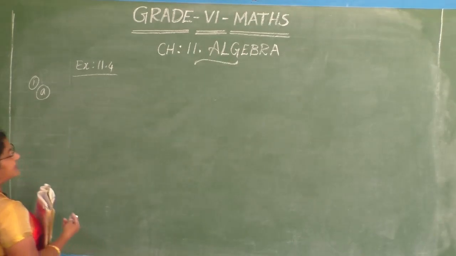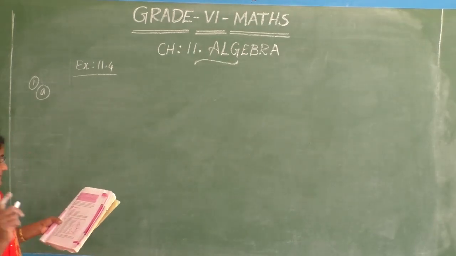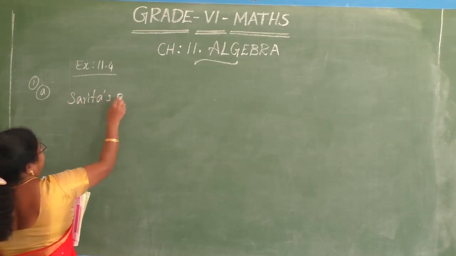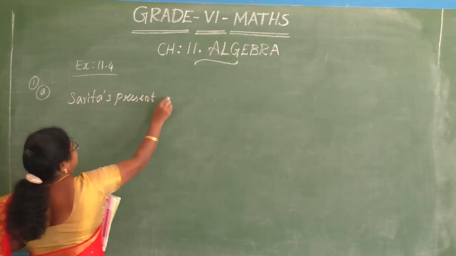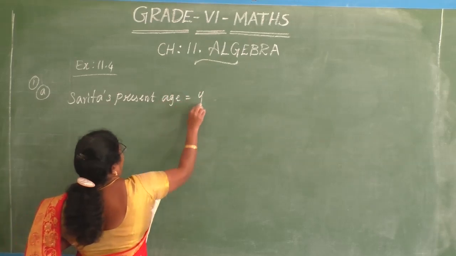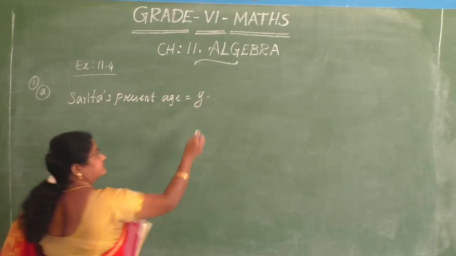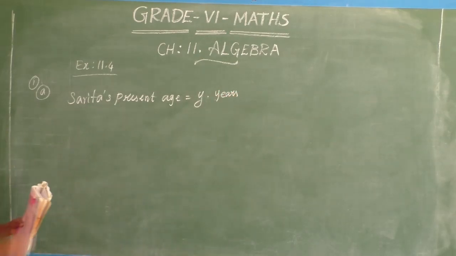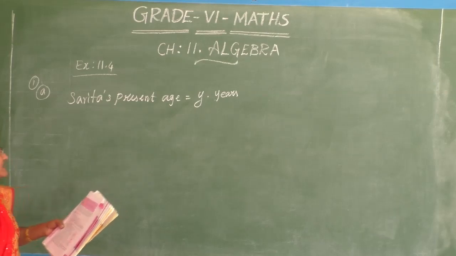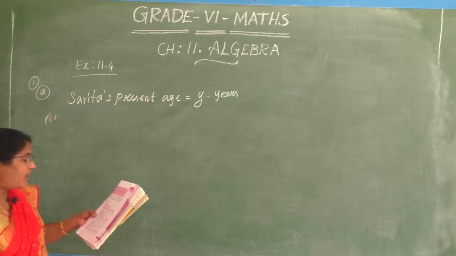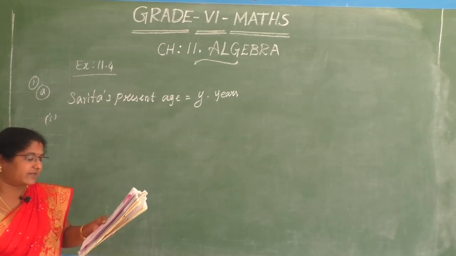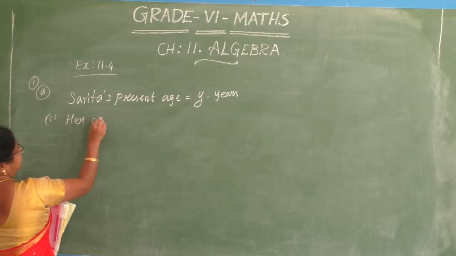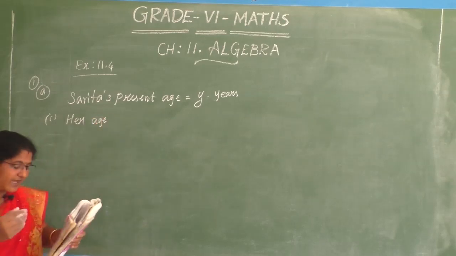Okay, so they have given Sarita's present age is y years. Now from this we go to the first option: what will be her age 5 years from now?